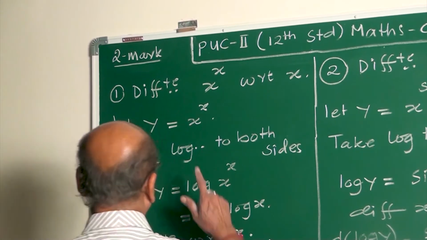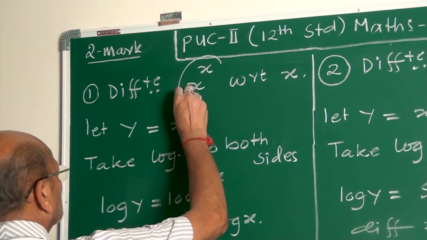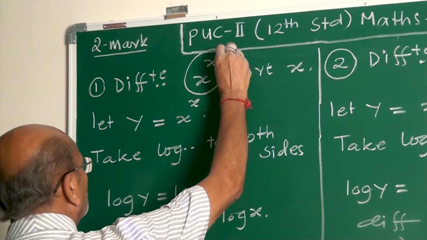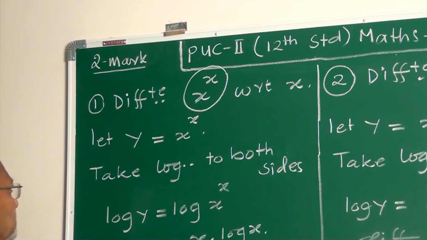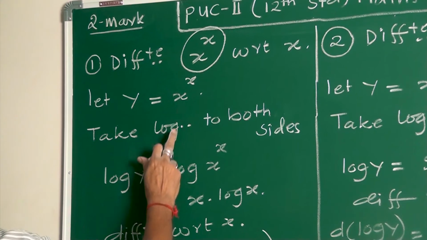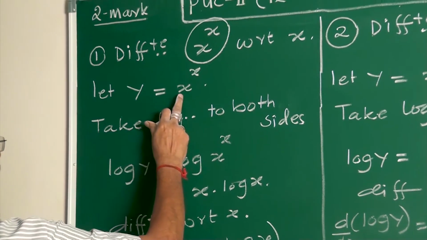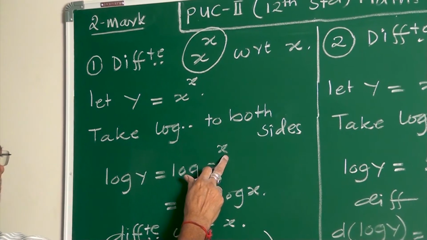See, differentiate x to the power x with respect to x. Let y equal to x to the power x. Take log to both sides. Log y equal to log x to the power x.